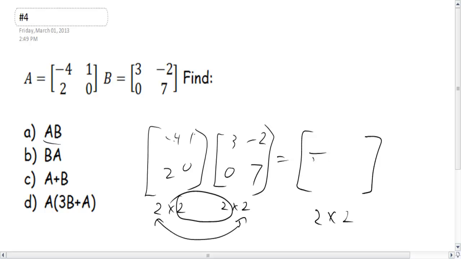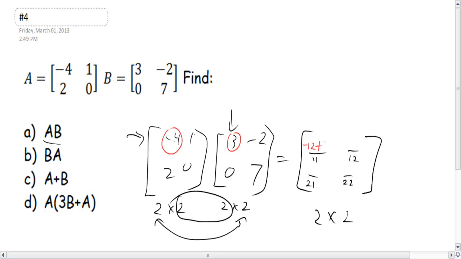My 1,1 entry, 1,2 entry, 2,1 and 2,2 are all done independently. Let's start with the 1,1 entry, which means row 1, column 1. I take my first number, -4, times my first number, 3, which makes -12.